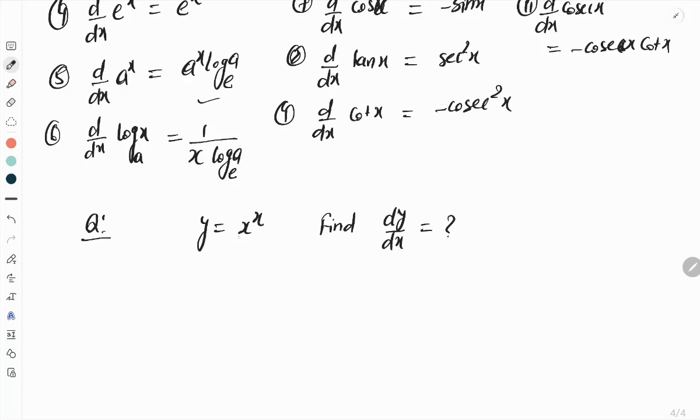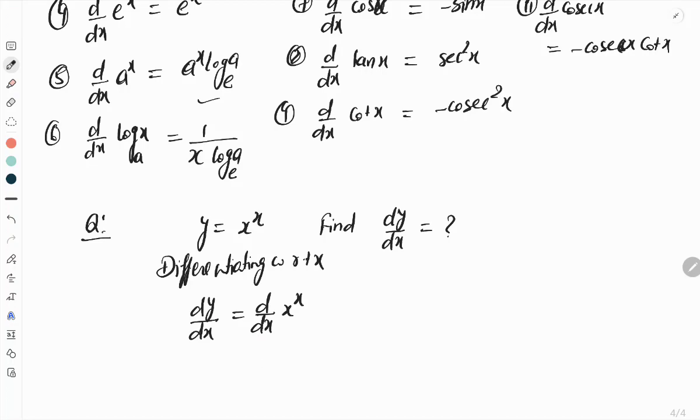So what you will do is differentiate both sides with respect to x. dy by dx is equal to d by dx of x power x. If you don't know the formula for this, you cannot do anything directly.